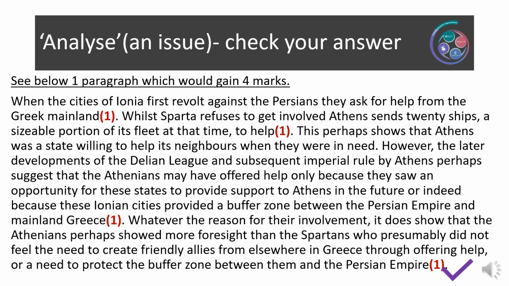Whatever the reason for their involvement, it does show that the Athenians perhaps showed more foresight than the Spartans, who presumably did not feel the need to create friendly allies from elsewhere in Greece through offering help or a need to protect the buffer zone between them and the Persian Empire.